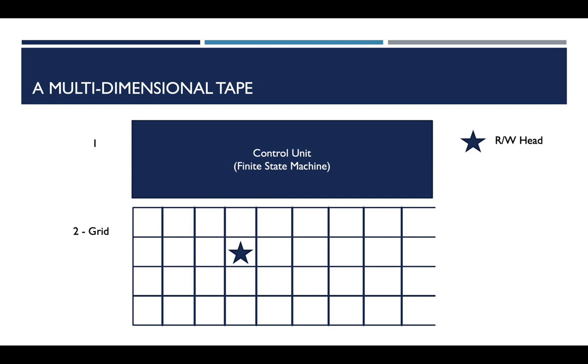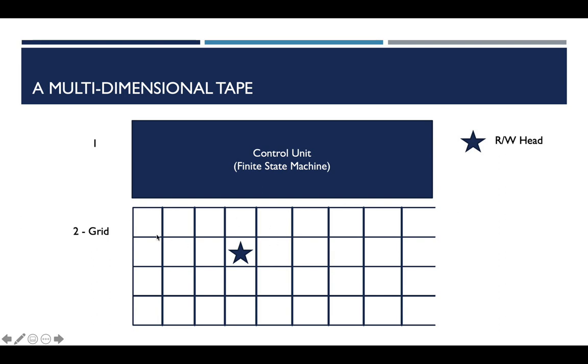The slightly more complicated case is if you want a multi-dimensional tape. For argument's sake, this is a grid. It isn't actually a tape in our traditional sense, because here we can move the read-write head either up and down or left and right.